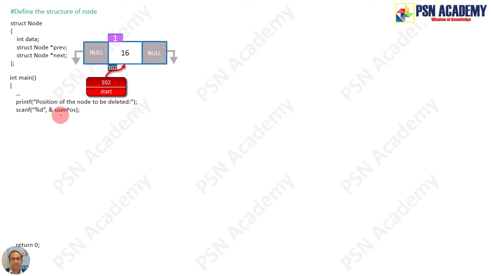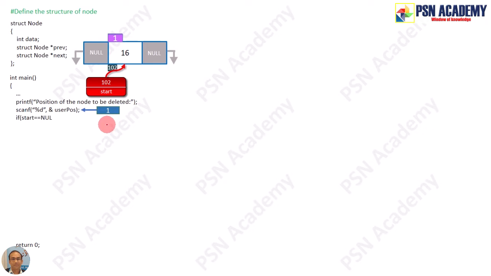Now we ask the user to enter the position where the node is to be deleted. And suppose the user enters 1, that means he wants the node at position 1 to be deleted.